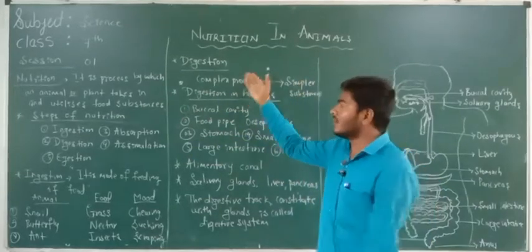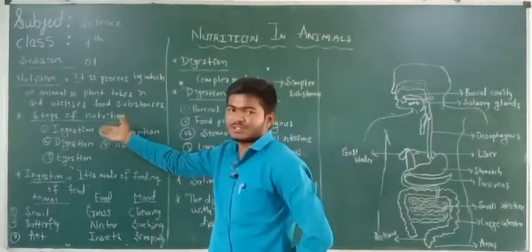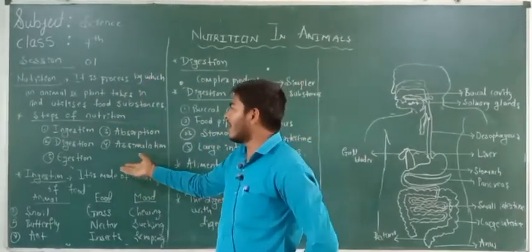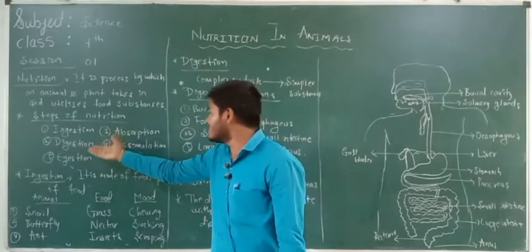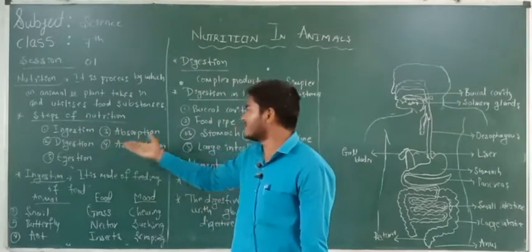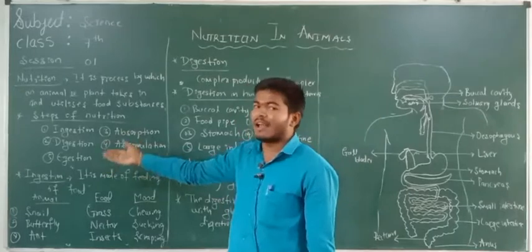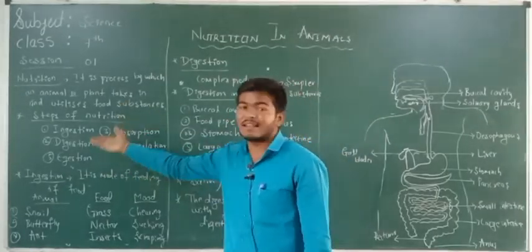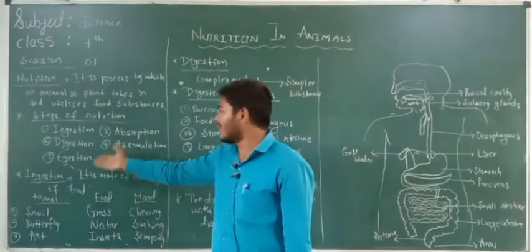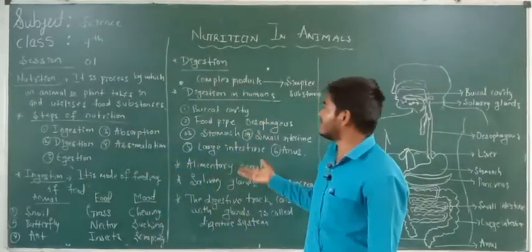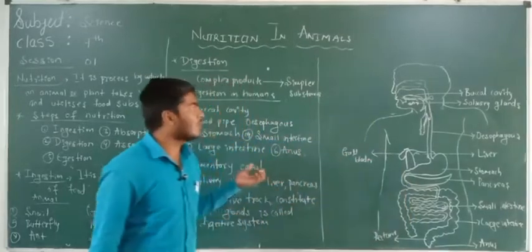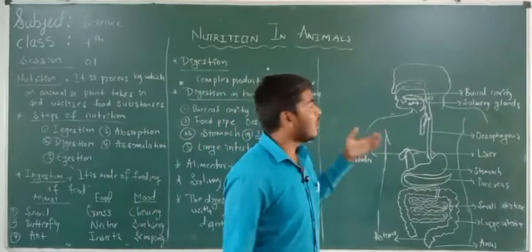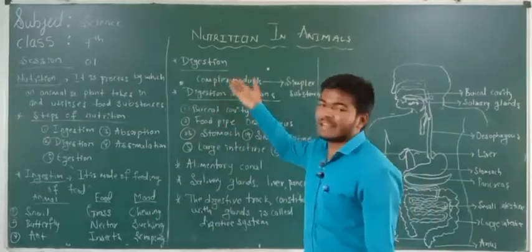In this chapter we are going to study what is meant by nutrition, and what the steps of nutrition are: ingestion, absorption, digestion, assimilation, and egestion. We will also study in detail how food is digested in our body, how digestion in humans takes place.